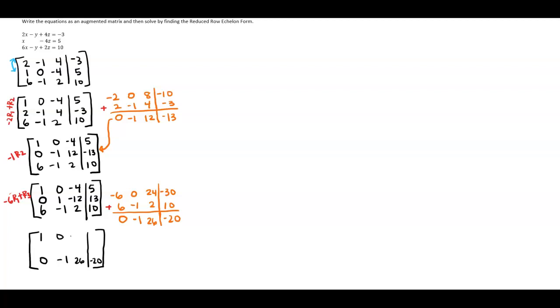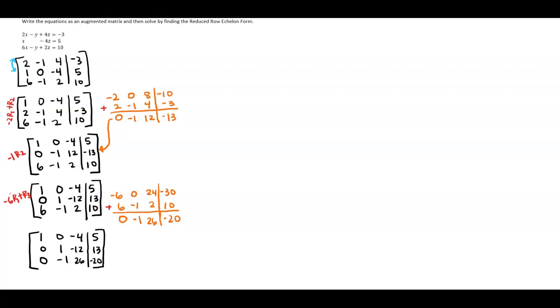I didn't do any changing of those. I had to multiply the top one by a negative 6, but that didn't end up changing it in the end. The only reason that I did that is so that when I added it together, I got a 0 here. But really, that still stays the same here.